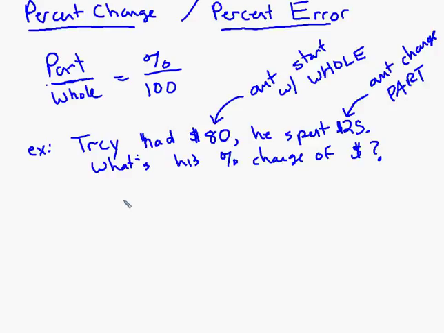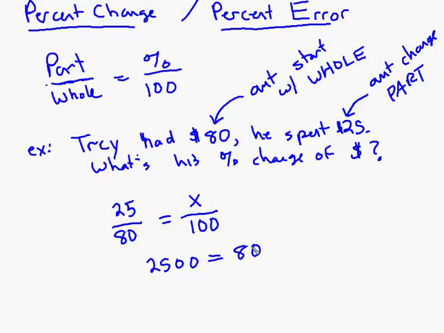So we say, well, he had $80, he spent 25 of it, and now we can find what percent of that is what he spent. We could reduce this if we wanted, but we cross multiply, we get 2,500 equals 80x, and we divide that. And what do we get? 31.3%.